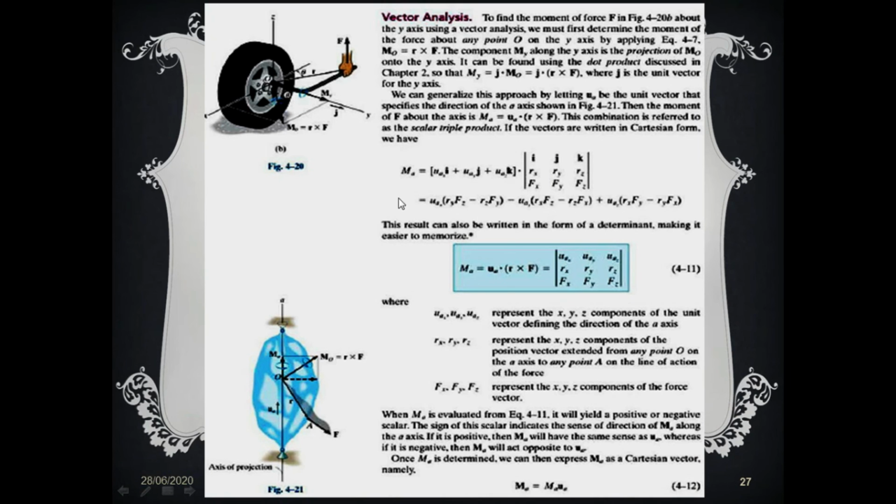So this gives you the movement at A equals uAx i plus uAy j plus uAz k dot r cross F. If you simplify this relation, you solve this determinant and take the dot product with this three-dimensional unit vector, you will be getting this term.